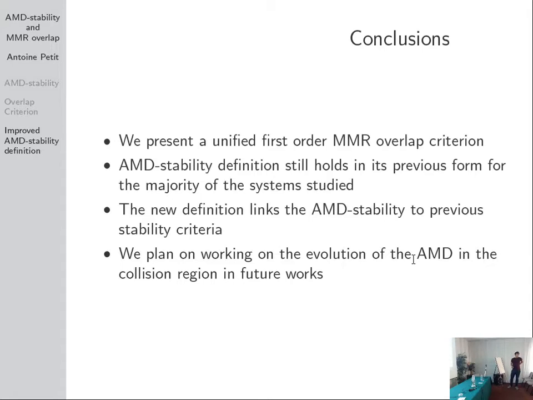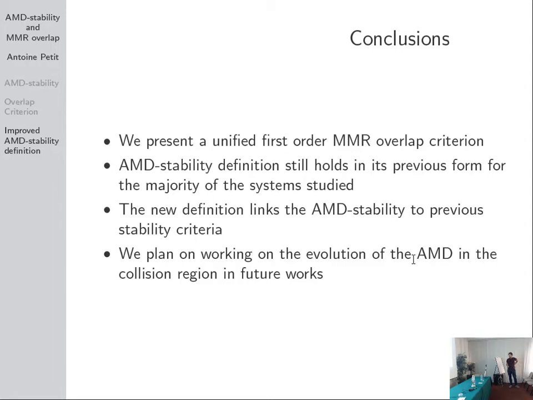So in conclusion, we present a unified first-order mean-motion resonance overlap criterion, and we can define the AMD stability definition. It is not changed that much because not many systems are in this region of the phase space.